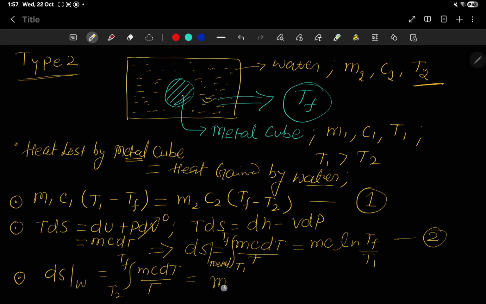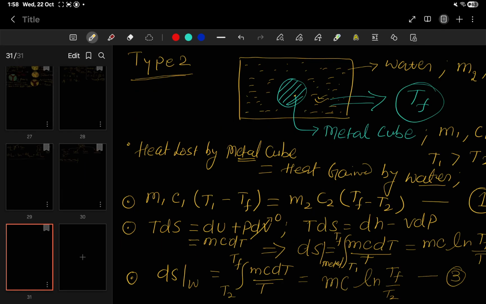So this will be mc ln Tf upon T2. This is equation 3. So we will use these three relations for calculating the change in entropy of metal and change in entropy of water. This is type 2 problems.